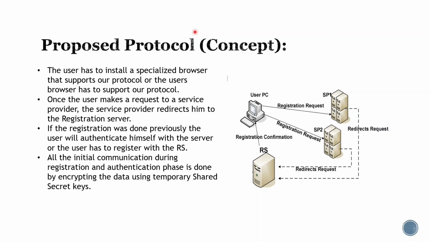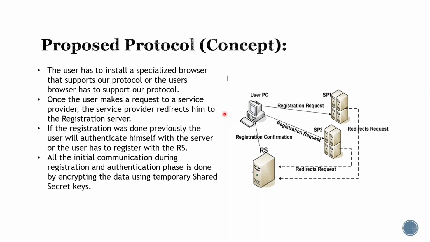At the beginning, the user needs to have installed a specialized browser that supports our protocol, or the user's browser has to support our protocol. Now, we can also use an app in this place, but a browser basically helps in scaling. Once the user makes a request to the service provider, the service provider redirects him to the registration server.